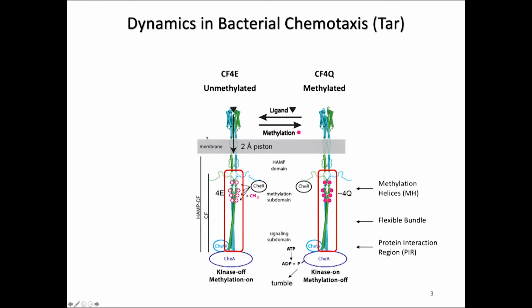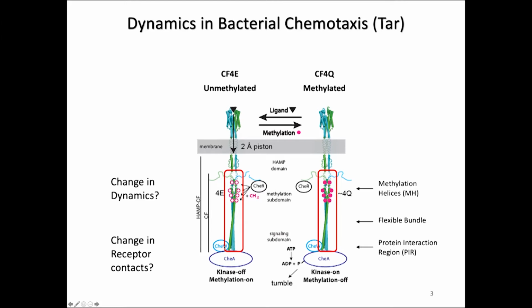Since the mechanism of the membrane region is already known, our lab focuses on just the cytoplasmic fragment of this protein. And the 2 major questions that we are looking at is whether there is a change in dynamics if the kinase is on or off, or the receptor is methylated or unmethylated, and is there a change in the receptor contacts that it makes with the kinase as well as the coupling protein as the signal switches.